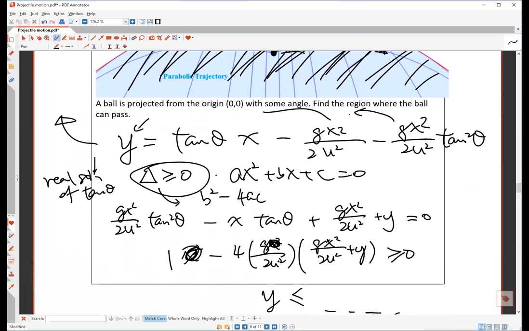And then the next thing is expand the bracket here. Or maybe you multiply by 2u squared over 2g. Then you can get the result, is it?